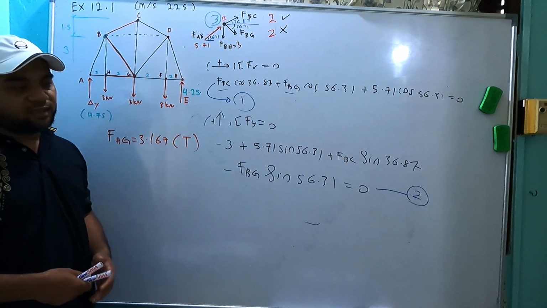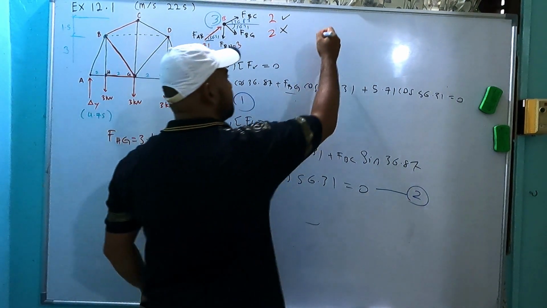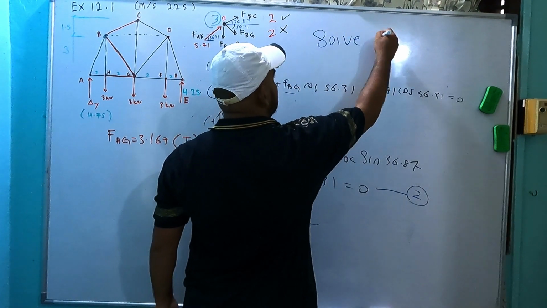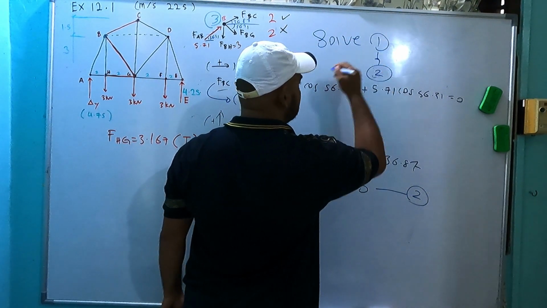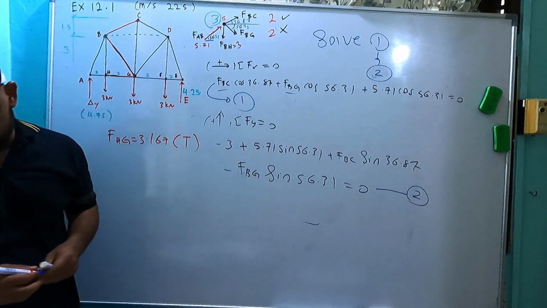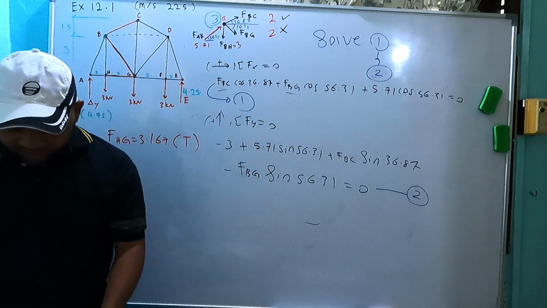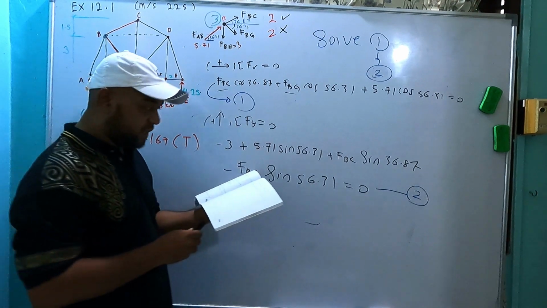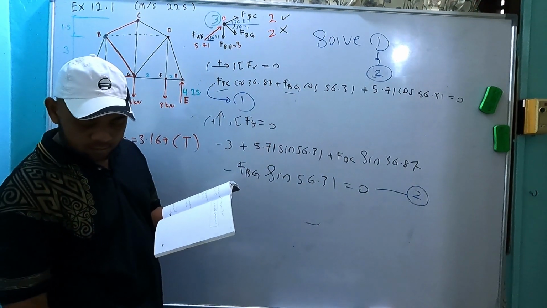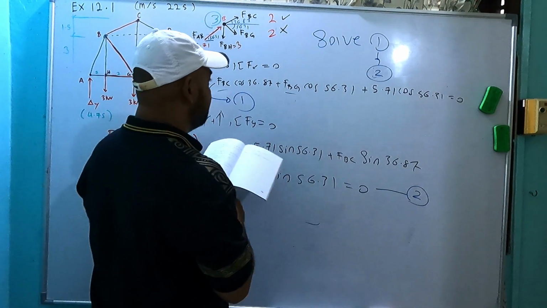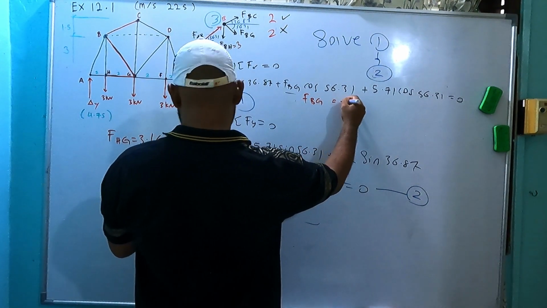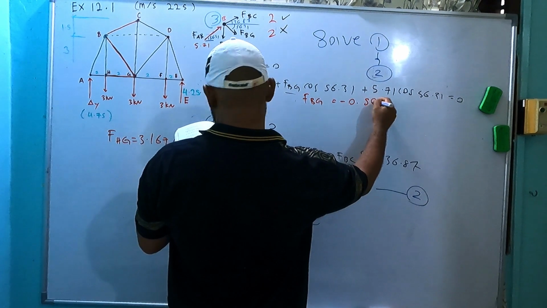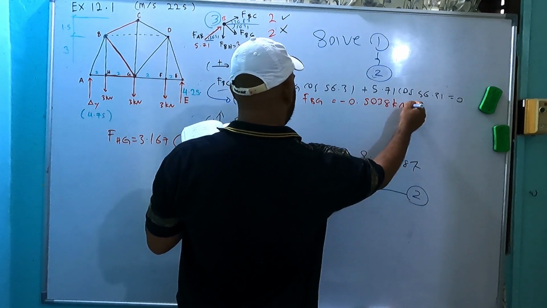Okay, so once you solve 1 and 2, these two simultaneous equations, what you will have is FBG. I put it here: FBG equal to negative 0.5038 kilonewton.